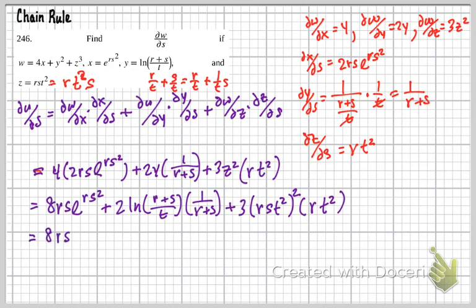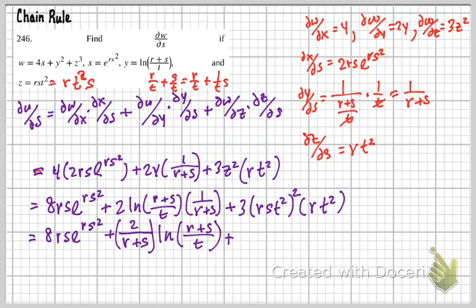So 8rs e to the rs squared plus, now for the middle term, there's not much I can do here. It's just going to look the way it looks. That's about the best I can do with it for the middle term. And then for the last one here, this is going to be plus.